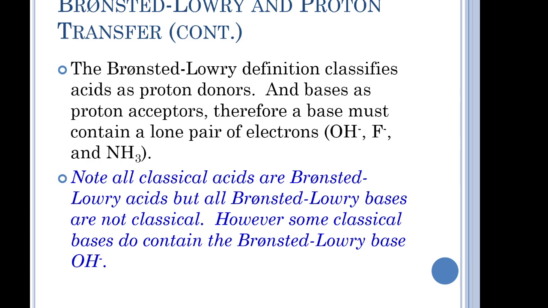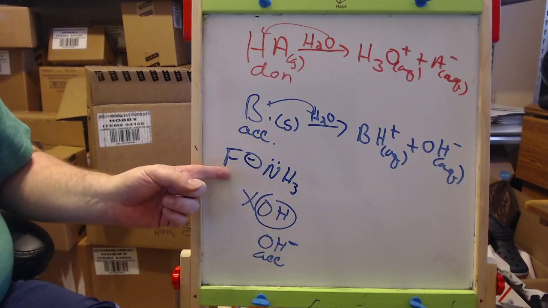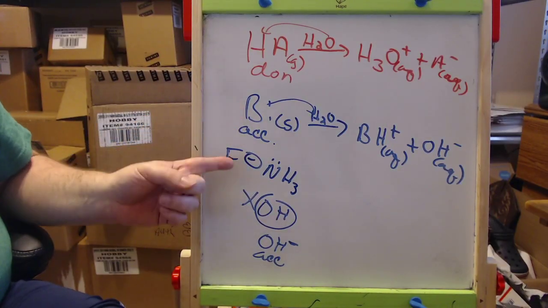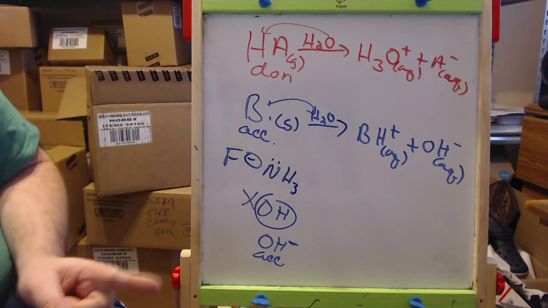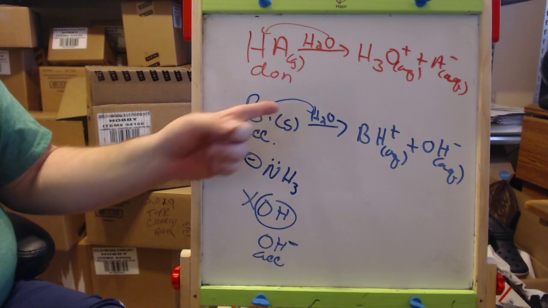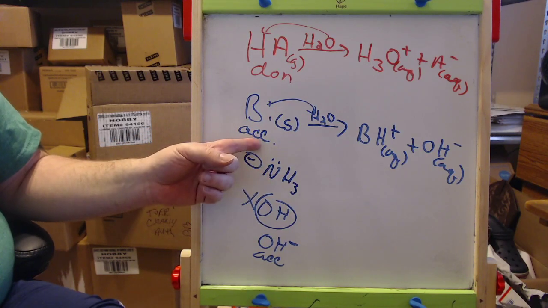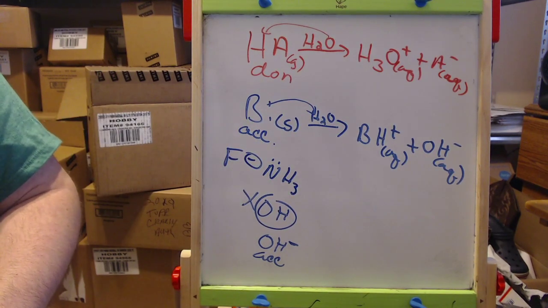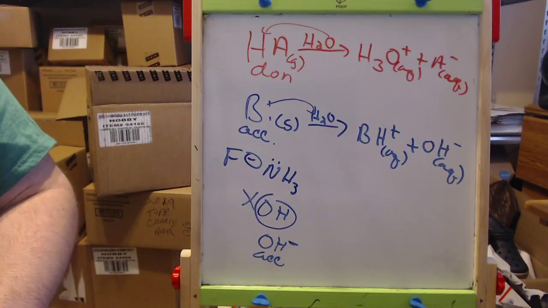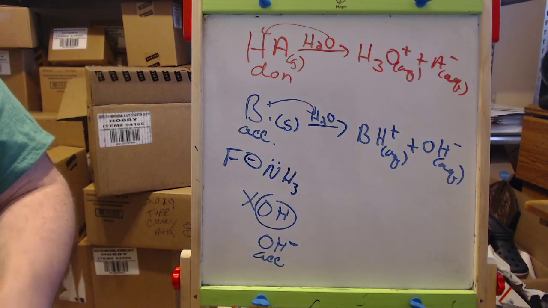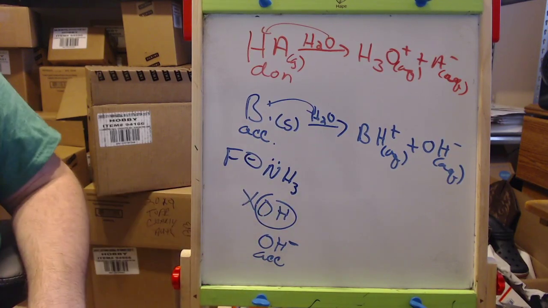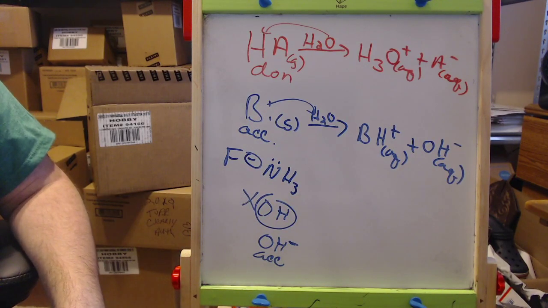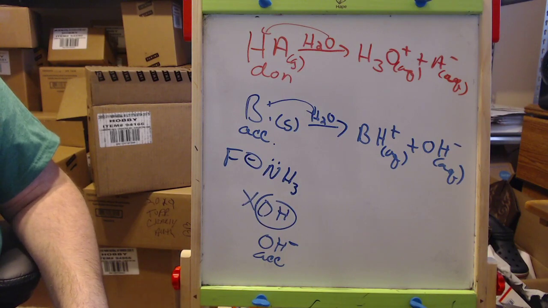And what we mean by that is F- is a Bronsted-Lowry base because it'll accept, but it doesn't have the OH-. Ammonia is a Bronsted-Lowry base because it'll accept, but it's not classical because it does not have an OH. Okay?